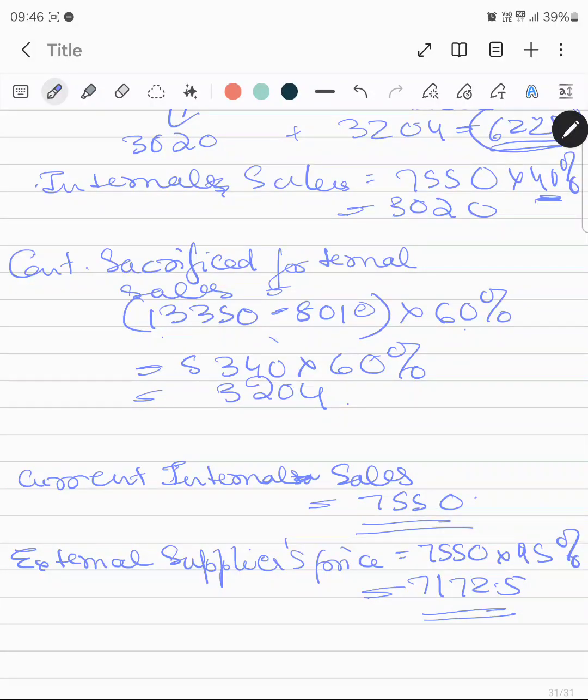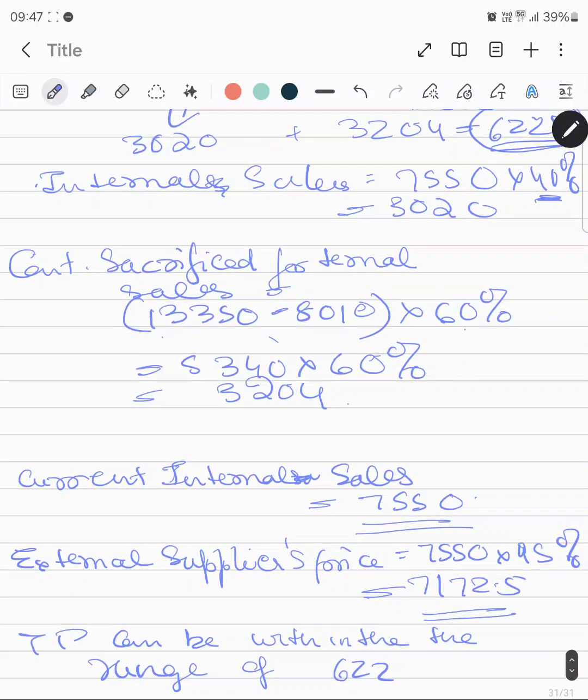So all these transfer prices, we can say that the transfer price can be within the range of 6224 and 7172.5.